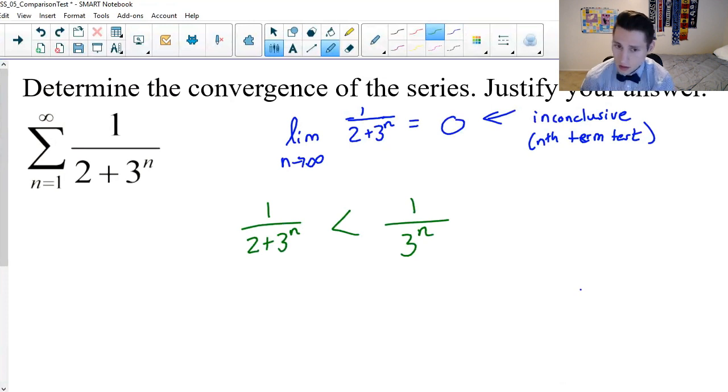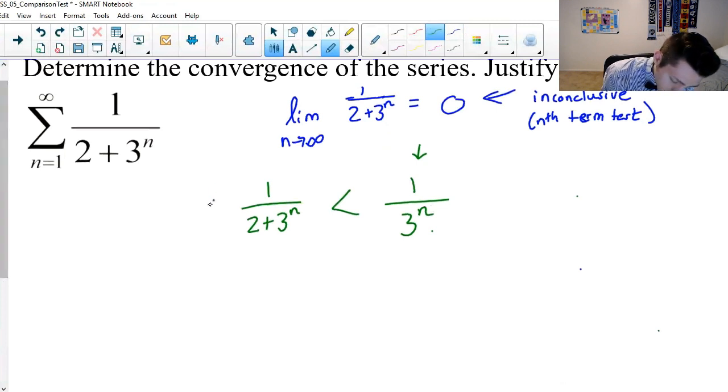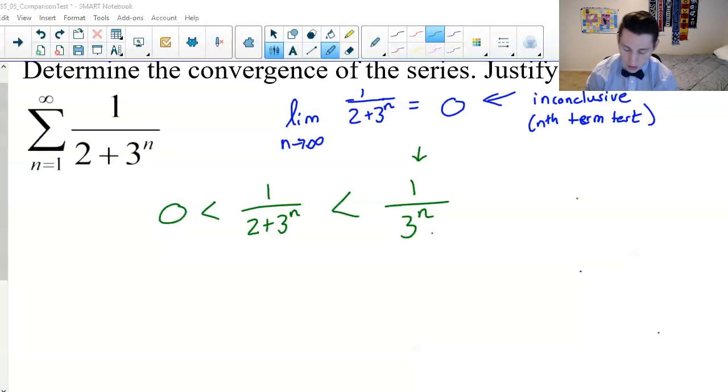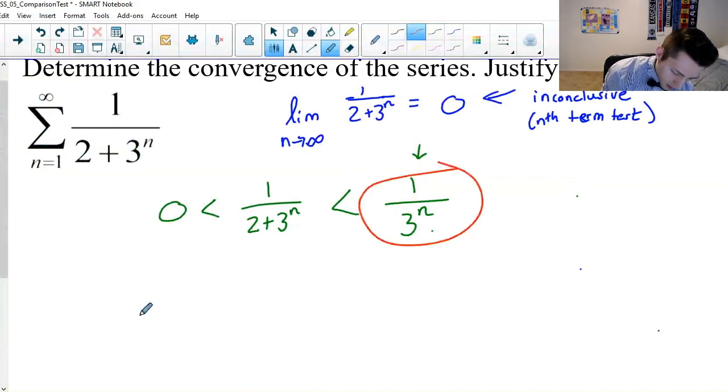So now what I'm thinking is, great, if I can prove that this converges, that would also prove that my original would converge, by the comparison test. And this will also be always greater than 0, and that's part of it. So let's instead look at this series.